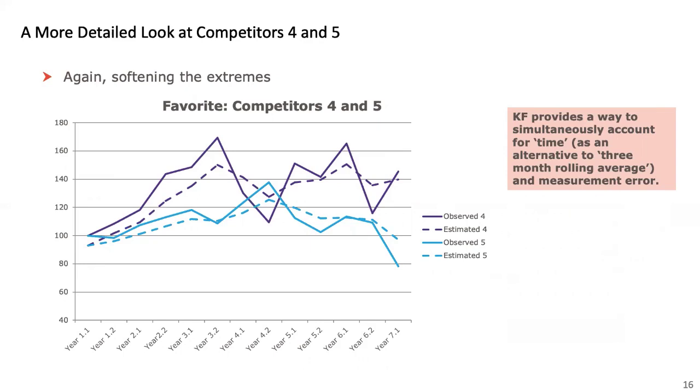Some of that is very much an arbitrary decision, and in this case, the Kalman Filter essentially simultaneously takes care of that. You don't have to decide beforehand how many points to roll, because that measurement error is accounted for within the Kalman Filter smoothing.